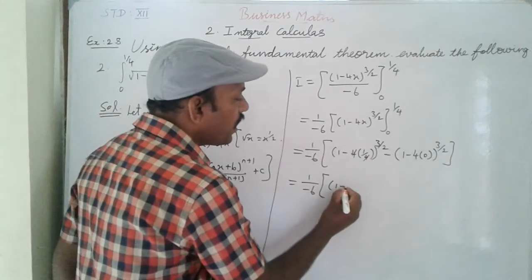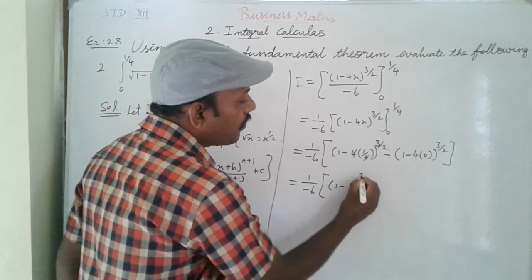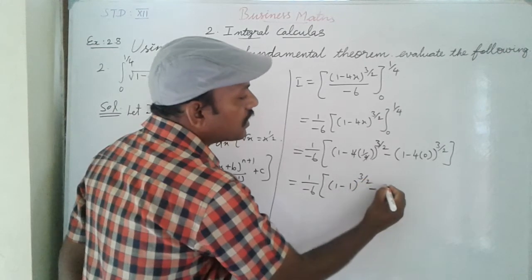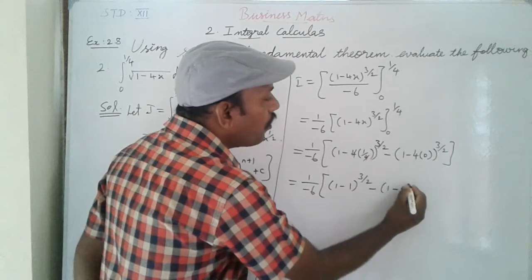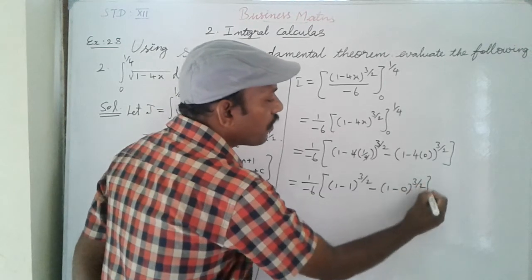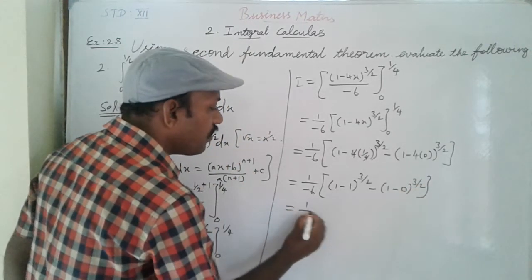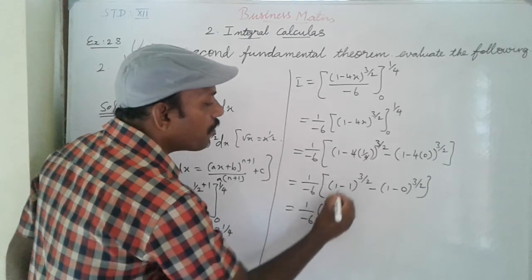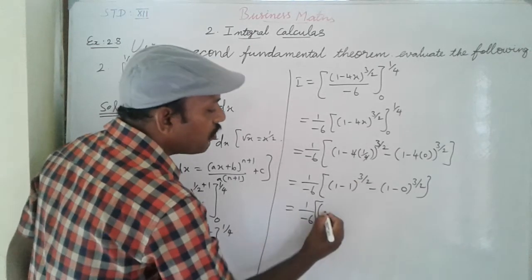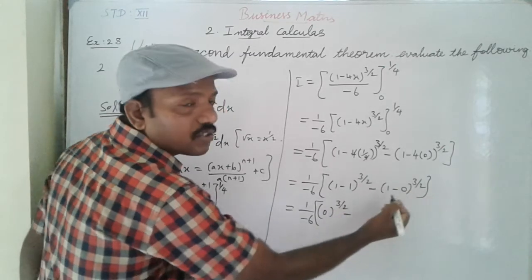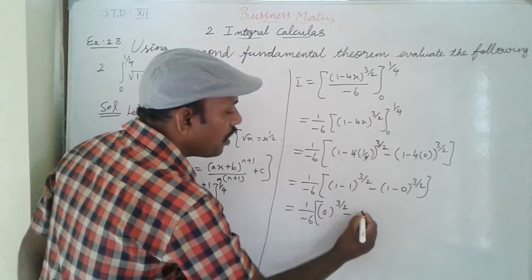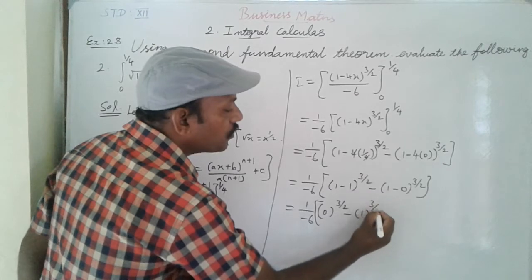So (1 minus 1) whole power 3 by 2 minus (1 minus 4 into 0) whole power 3 by 2 equals 1 divided by minus 6 times: 1 minus 1 is 0, 0 whole power 3 by 2, minus 1 minus 0 which is 1, 1 whole power 3 by 2.